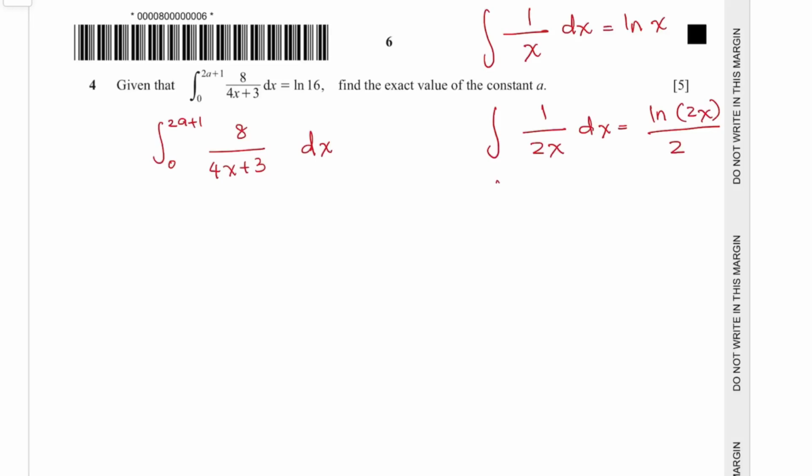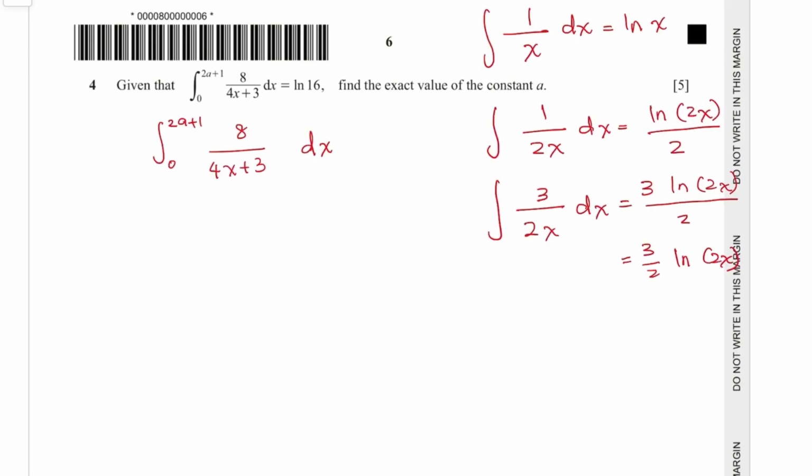Okay, now what if I have integration of 3 over 2x with respect to x? Then I'll be having 3 ln 2x, and then remember, I'll be dividing with the derivative of whatever is in my ln, which is 2. Or it can be written as 3 per 2 ln 2x.